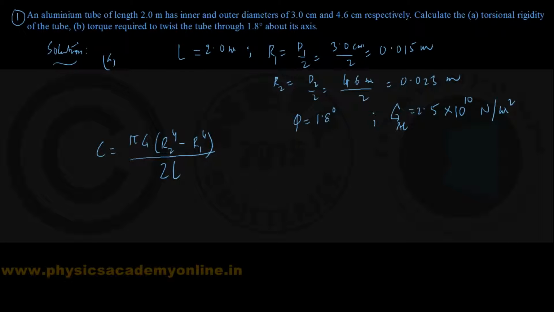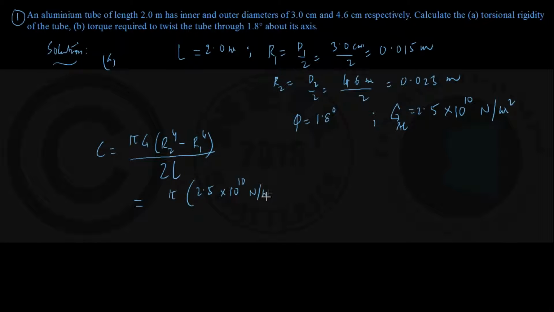So putting the value straight away, you can write down torsional rigidity C is coming out to be pi. The value of G is 2.5 into 10 to the power 10 Newton per meter square. Inside the bracket, outer radius R2 was 0.023 meter.